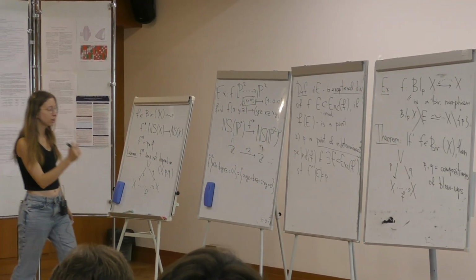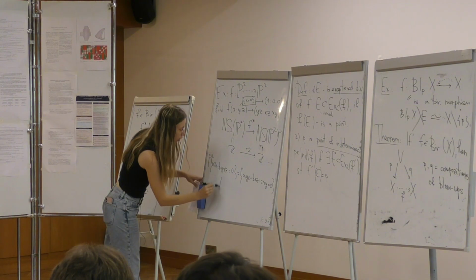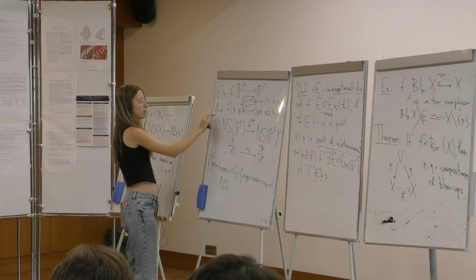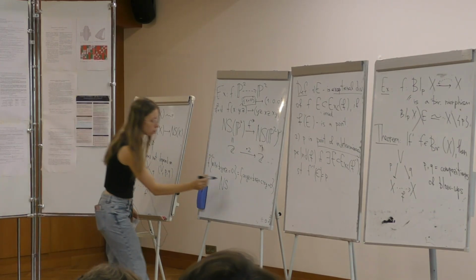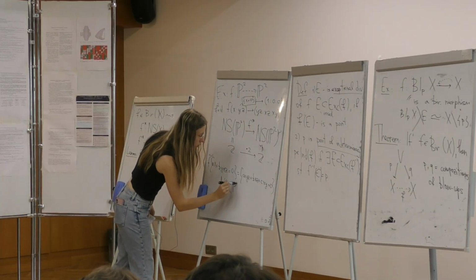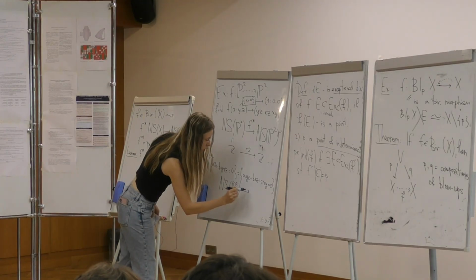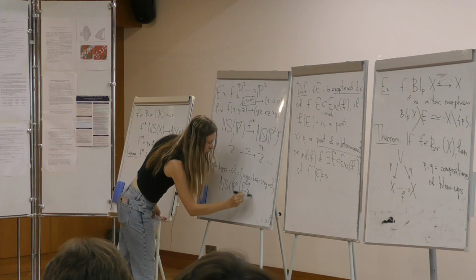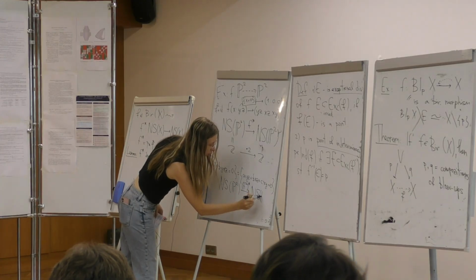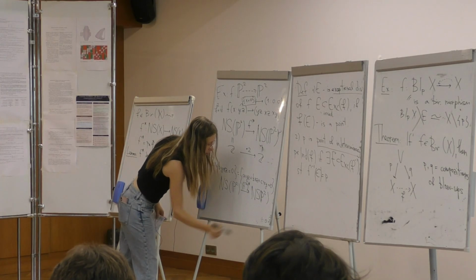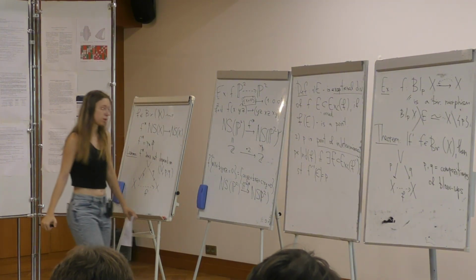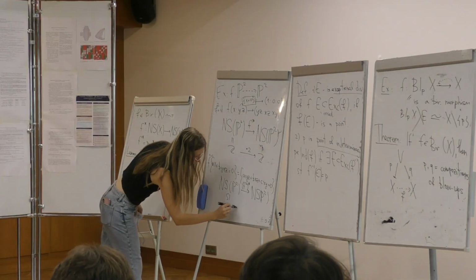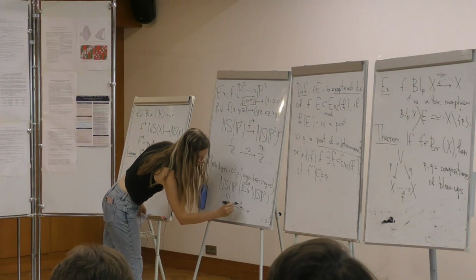On the other hand, we can compute the action of the pullback of f squared on the Néron-Severi group of P2. And observe, f squared is just the identity. So it is isomorphic to Z, and this map is just multiplication by 1.